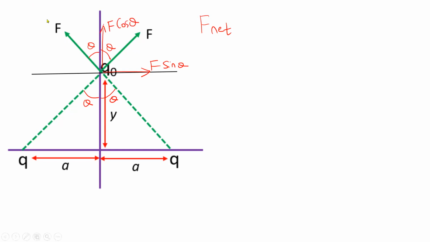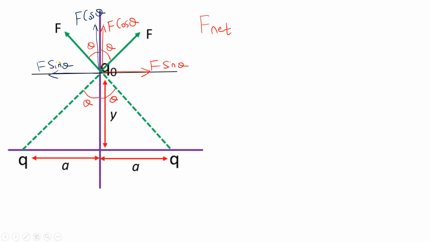Similarly, if we resolve the other force into components, you will have F sine theta to the left and F cos theta on the top. So let's draw that as well. We have a leftward force, which is F sine theta, and the vertical component of that force will be F cos theta.